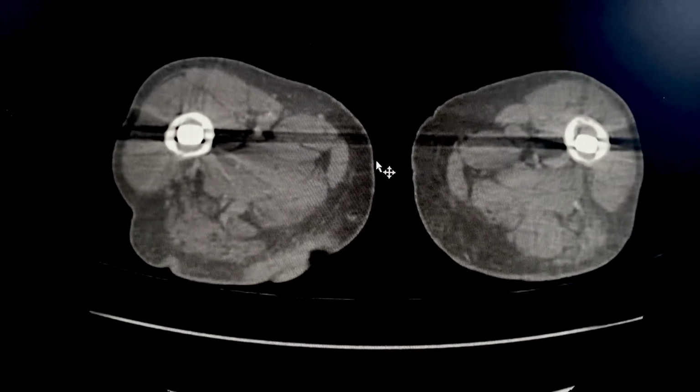In the US, in the West, they use mainly the Rutherford classification. But here we use the Fontaine-Pokrovsky classification, where you have stage 0. Stage 1 is asymptomatic occlusion or stenosis of the lower limb arteries.